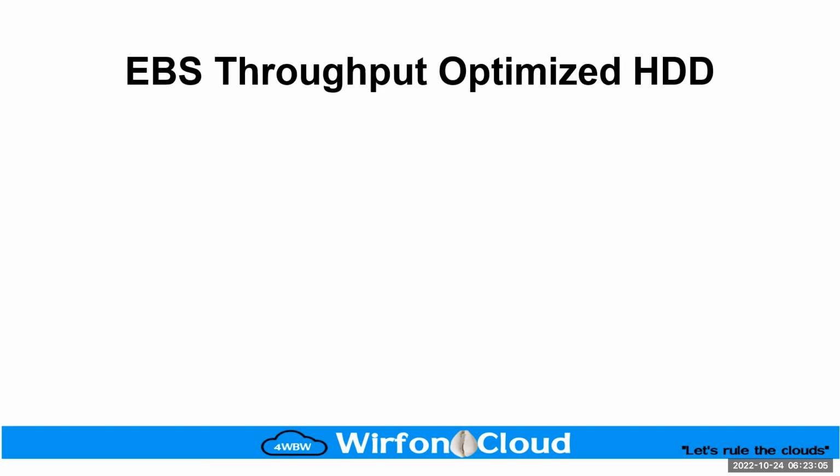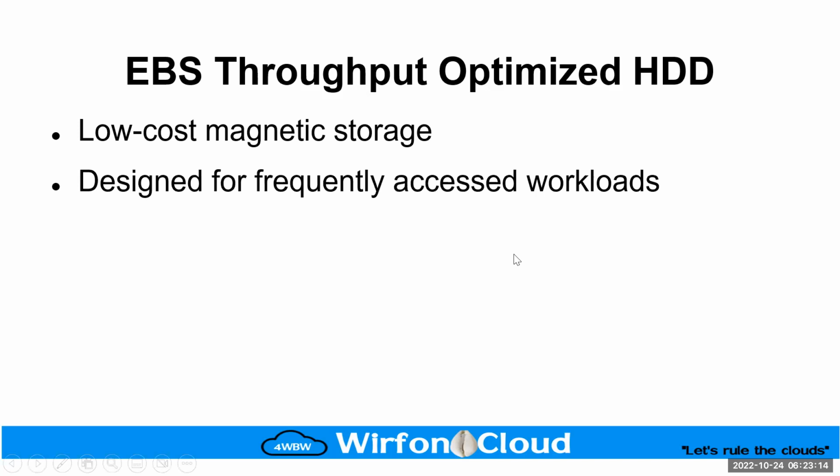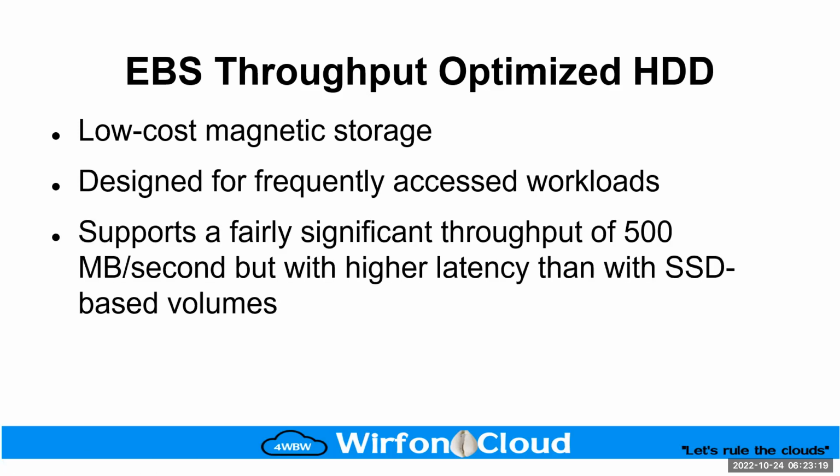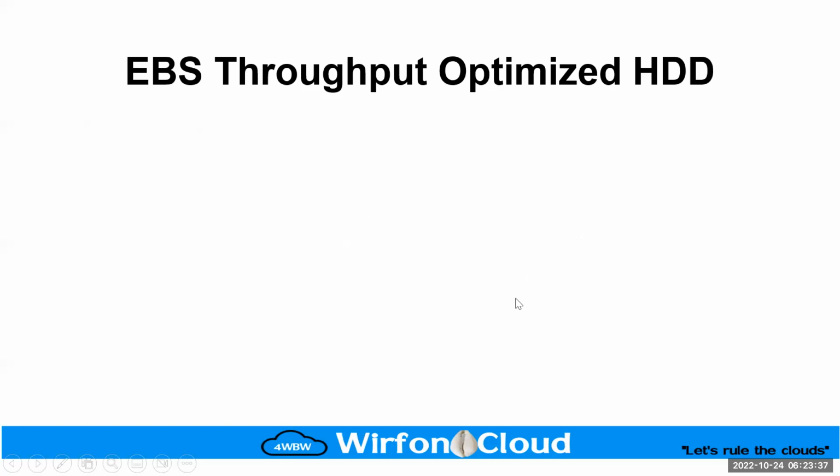Next EBS volume type, you have EBS Throughput Optimized HDD. It's a low-cost magnetic storage designed for frequently accessed workloads. It supports significant throughput of up to 500 megabytes per second, but with higher latency than SSD-based volumes.